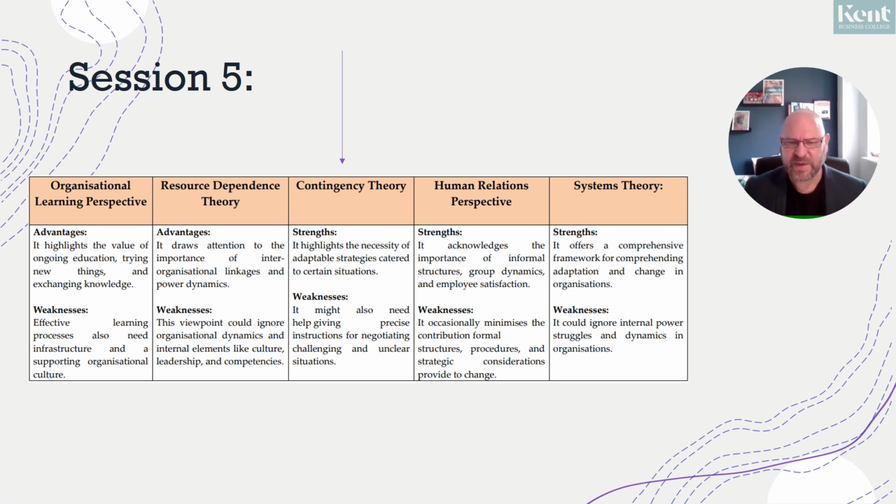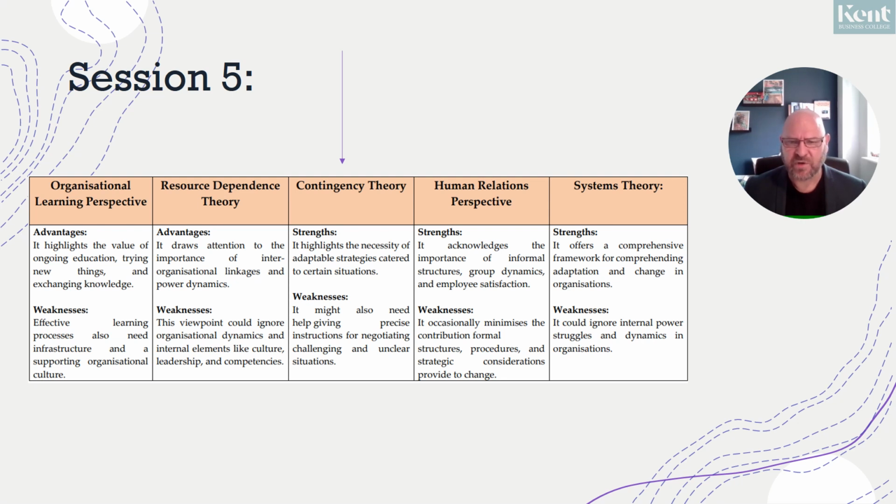Human relations perspective. So it acknowledges the importance of informal structures, group dynamics, and employee satisfaction. You have a number of academic journals such as Team Performance Journal, which looks at the dynamics of teams and how these work. I have just recently produced a paper with a colleague of mine around imposter syndrome and strategic imposters, and the impact that this has on teams and the dynamics within teams, which therefore also influences the dynamics within an organization.